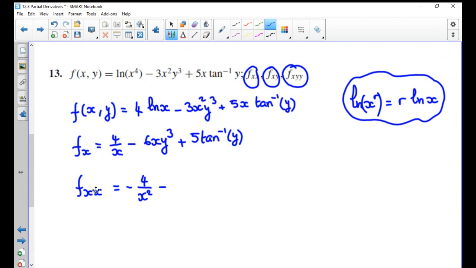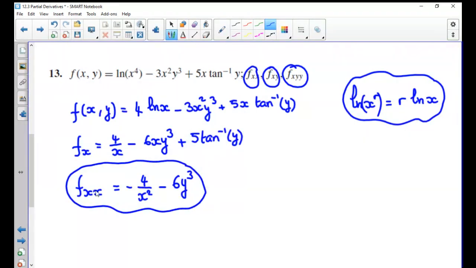And then the second term will give us minus 6 y to the power of 3. And the third term, 0, yeah? There's no x there, so its derivative is equal to 0. So that is fxx. Now that's the first thing we want.